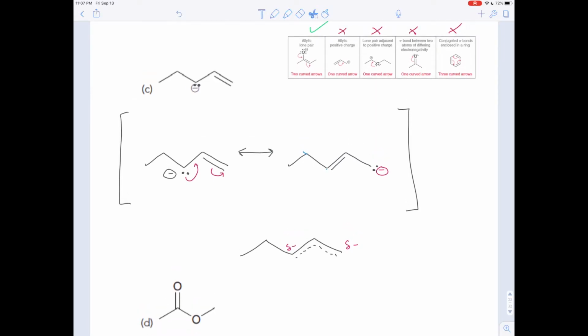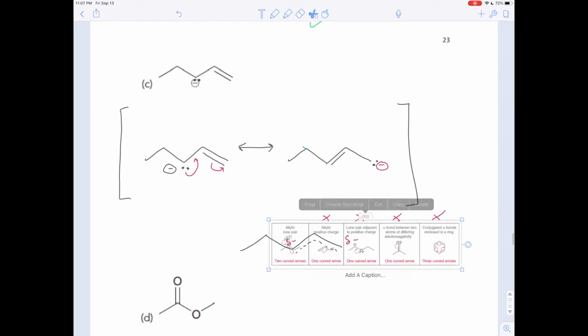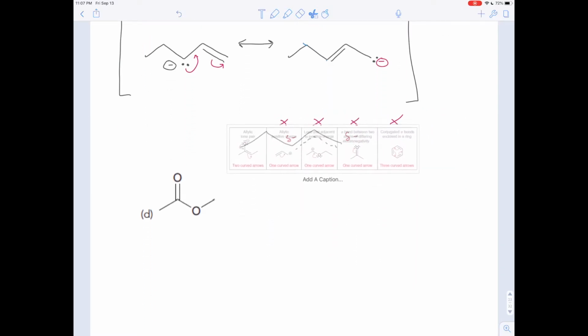So now we can take our 5 patterns and use them down here with our next structure. For the structure, the first step is to just draw the lone pairs in. It'll help you to see the resonance patterns a little more easily.